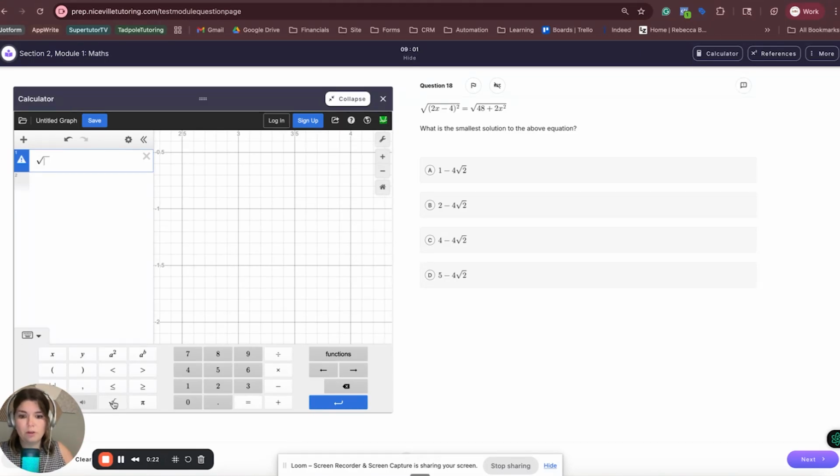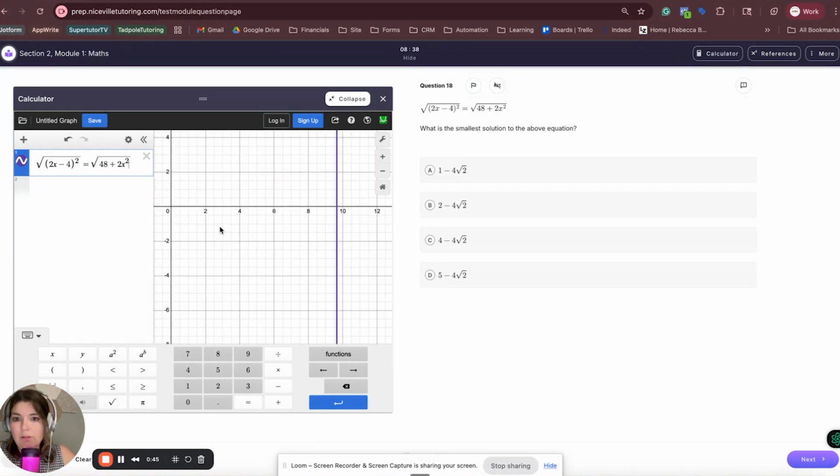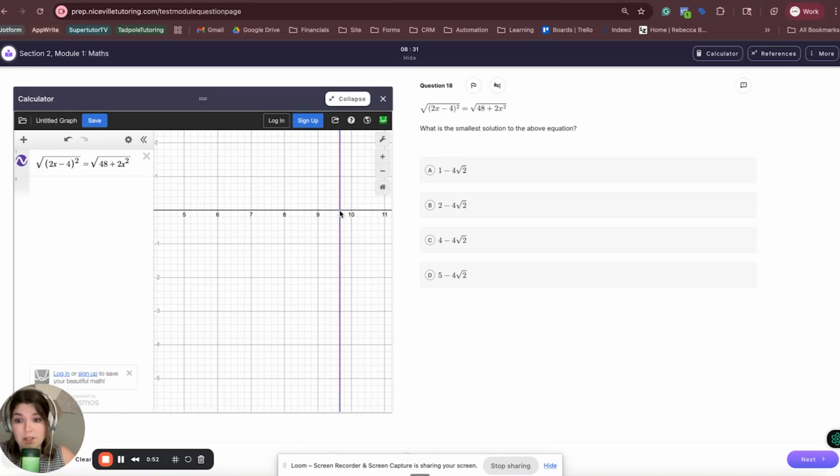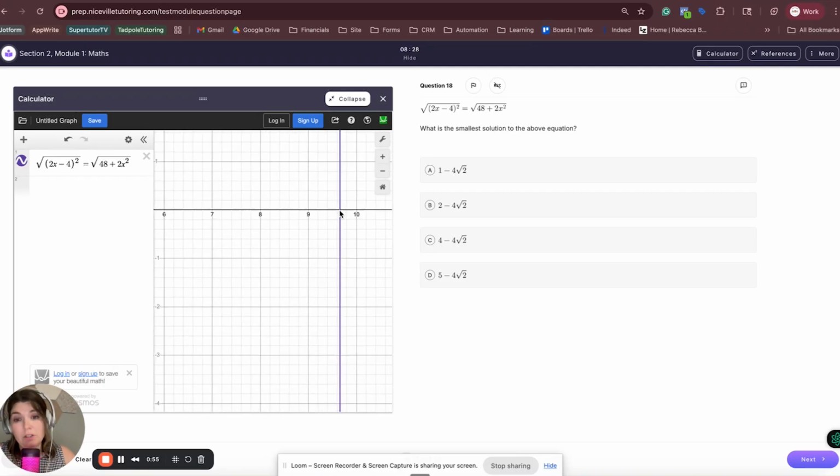So what I'm going to do first off, I just type in this equation, minus 4 squared, and then make sure tab over equals, and then let's go our square root, 48 plus 2x squared. So let me zoom out and then we can have a better viewpoint. The thing that stinks with this when you have these square roots is a little gray dot that normally pops up does not pop up. So that's the downside. But regardless, it's saving a ton of time.